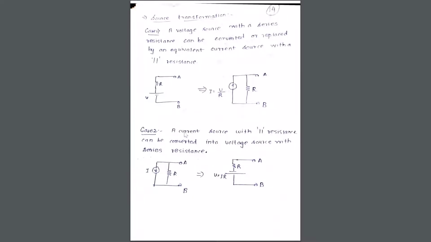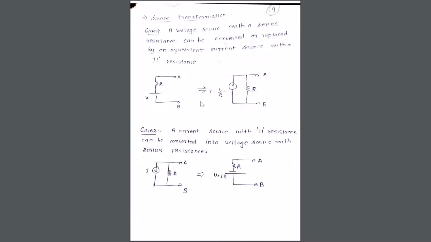Let's talk about the second type of technique. It says a current source with a parallel resistance can be converted into a voltage source with a series resistance. If you look over here, I have a current source in parallel with a resistance. I can always convert it into a voltage source with a series resistance.